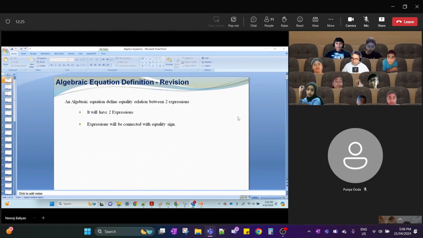Then we explained how to find the solution of an expression. Solution of an expression is the value of the variable which will satisfy that expression. The value of an expression depends upon the value of the variable; it will change.